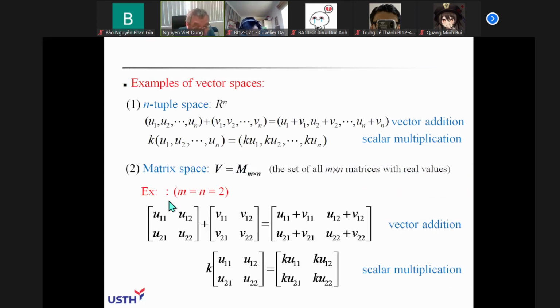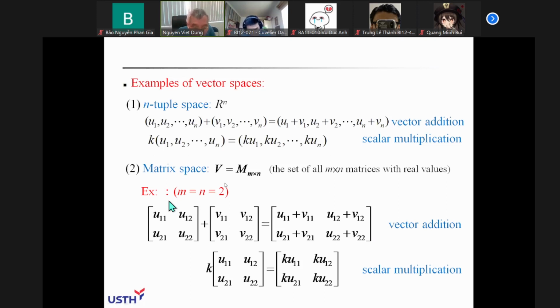Next, I call your attention to that one. Let V equal the set of m by n matrices with real entries. I claim that V is always a vector space.